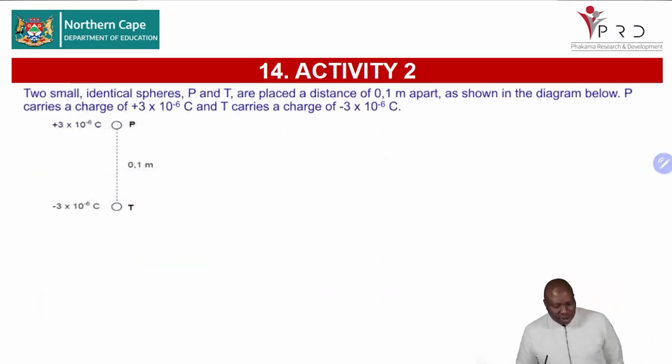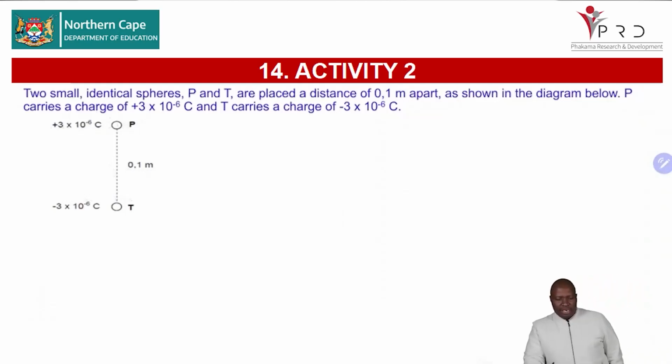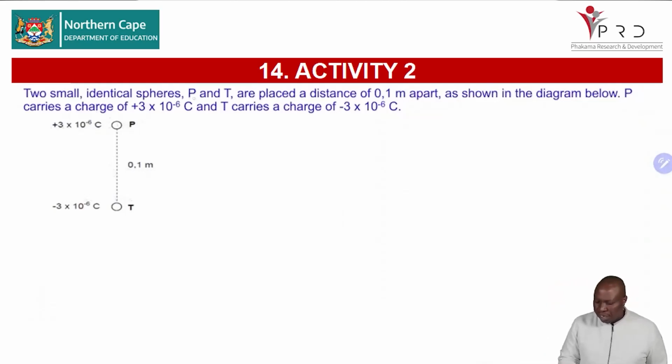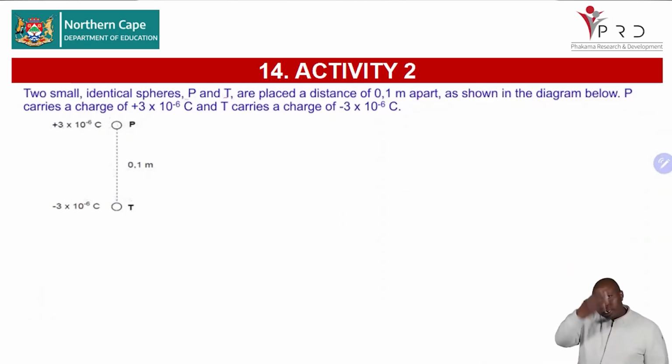Now, a structured question. We are saying here two small identical spheres, sphere P and sphere T. You can see them there. You cannot be confused because they are vertical. It's still the same concept, it's one dimension.